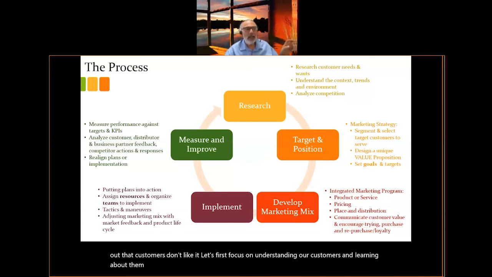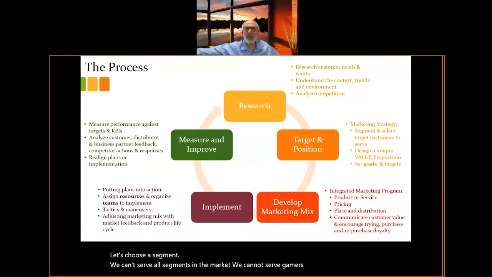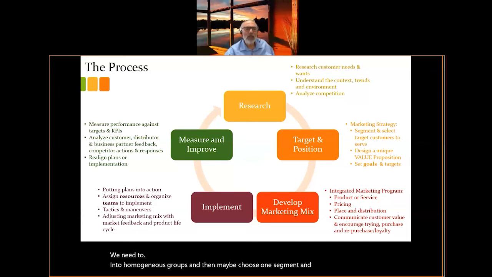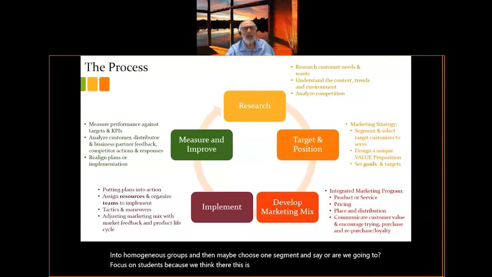And then let's choose a segment. We can't serve all segments in the market. We cannot serve gamers and students and executives with the same computer. We need to segment the market into homogeneous groups and then maybe choose one segment and say, oh, we're going to focus on students because we think this is an underserved segment and there are a lot of users here whose needs are not really well addressed.